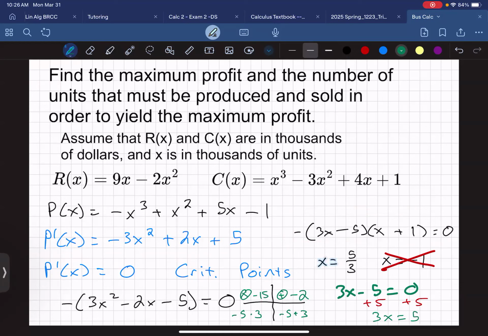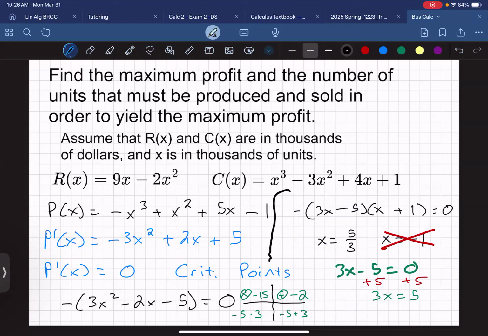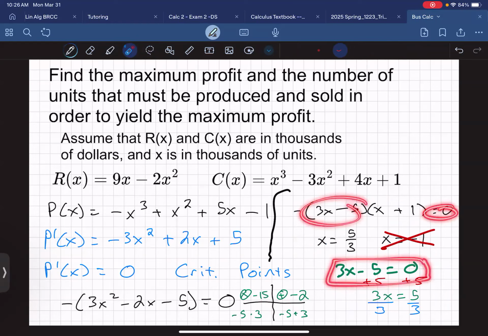And then when you get there, that's where you're going to then divide both sides by the 3. So that's where that came from. Taking our factors, setting them equal to 0. So add the 5 to both sides, then divide by 3, and that's where we got that, okay?